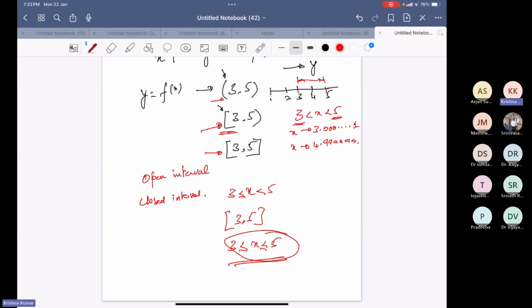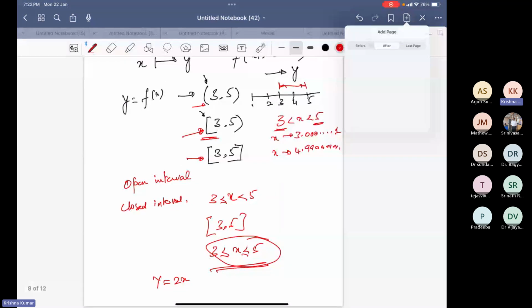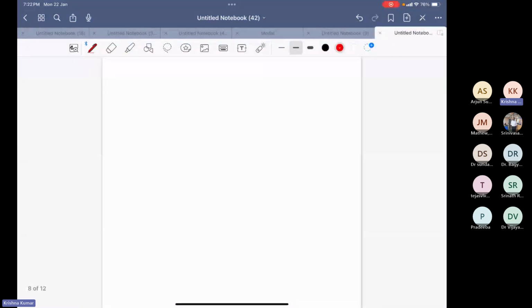So what is our function? I said y is equal to 2x. Is that clear? The problem is that people get scared by algebra, and let's not worry about it. x is a variable because I don't know, x can take the value of 3.1, 3.2, and so on.